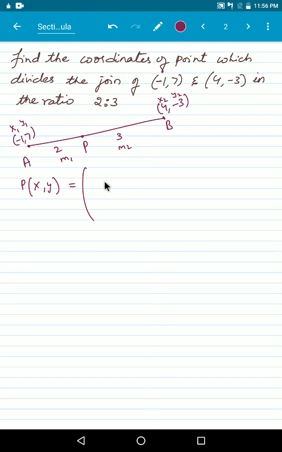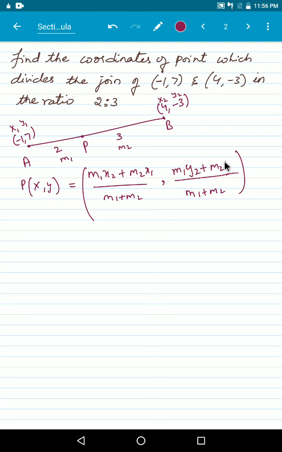P x comma y is m1 x2 plus m2 x1 divided by m1 plus m2, or I can write this as m2 x1 plus m1 x2 also. It is one and the same. In the denominator m1 plus m2, in the numerator m1 y2 plus m2 y1. Let us substitute the values.